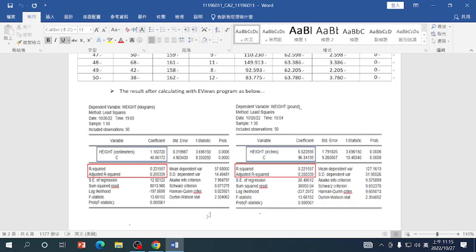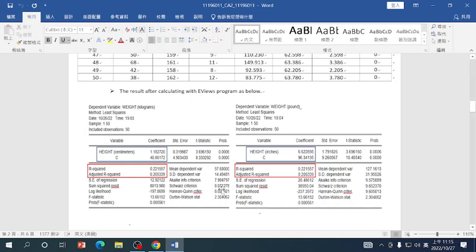For pound per inch, if height increases 1 inch, the weight will increase 6.6x pounds. Furthermore, it was found that the R square was 22% and the adjusted R square was 0.2 for both measurement units.